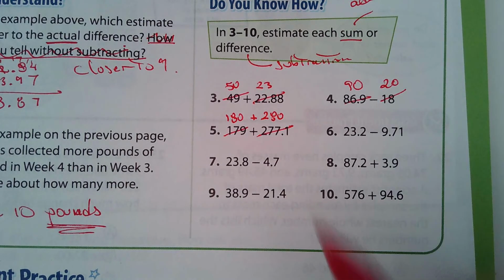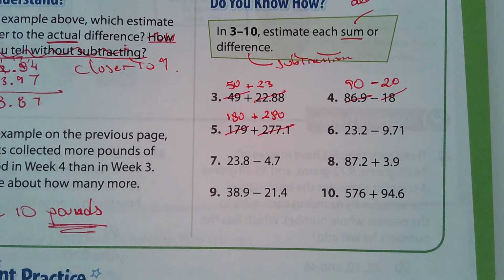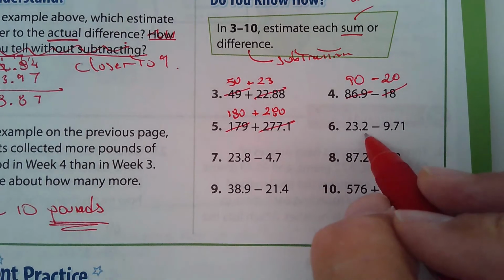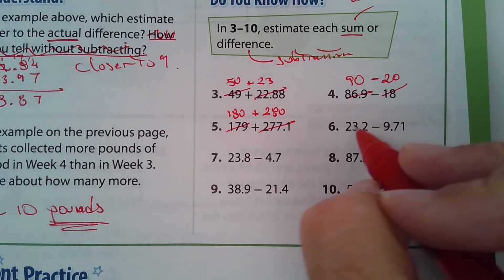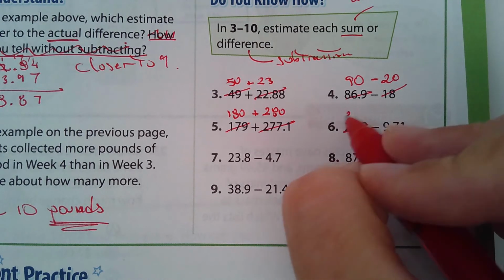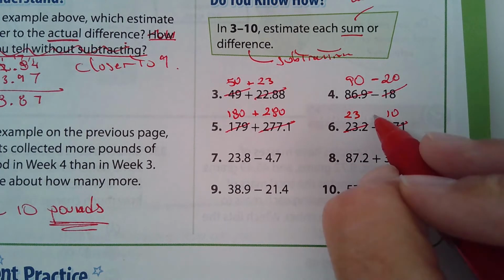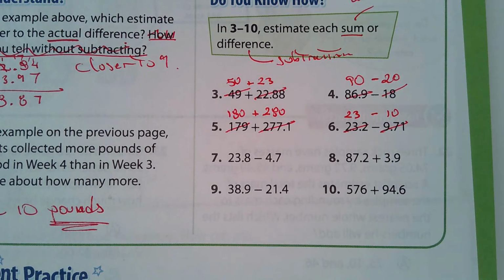All right, and we're adding and subtracting those two. 23.2, I suppose if we just went with whole numbers, we could call that 23. 9.71, that's close to 10, and we're subtracting.